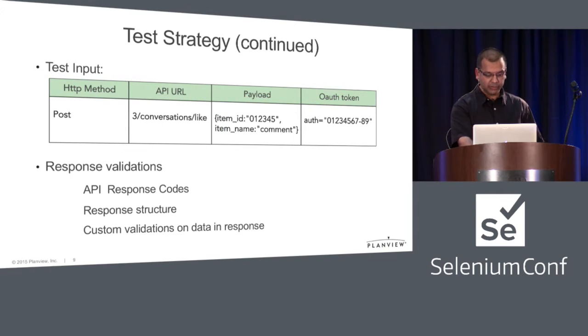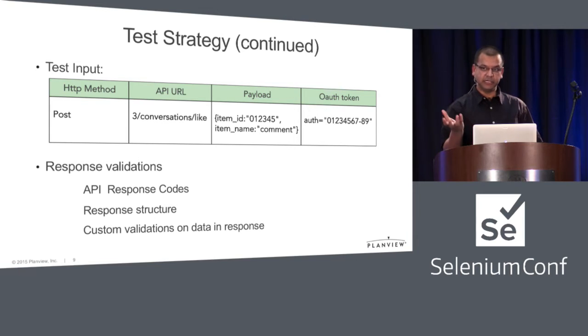Continuing with this strategy, the inputs for an API test are the HTTP method, which can be a get, post, or delete, the URL of the API, the payload, which has the specific data for the different API parameters it accepts, and the authentication token.